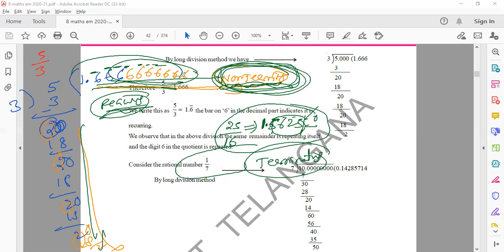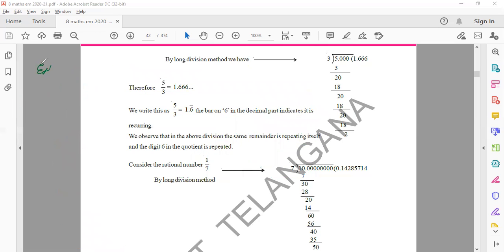This type of answer is called non-terminating recurring decimal. Take the example of 5/3. You got the answer 1.666666, keeps on going. This is an example of a non-terminating recurring decimal.